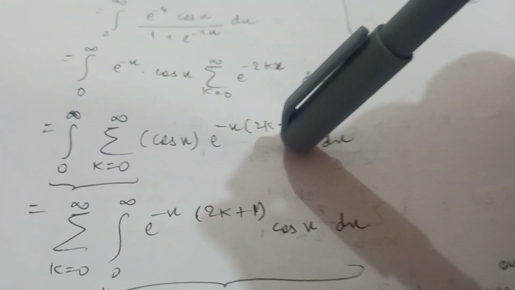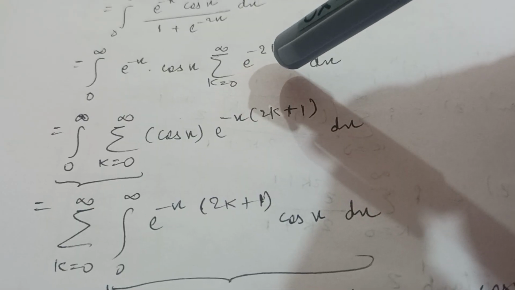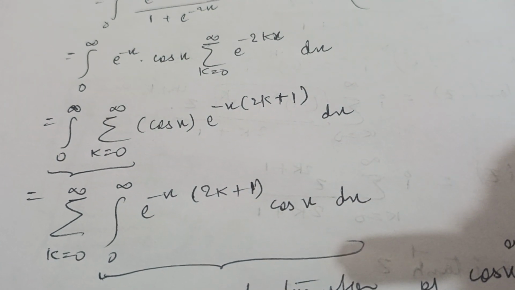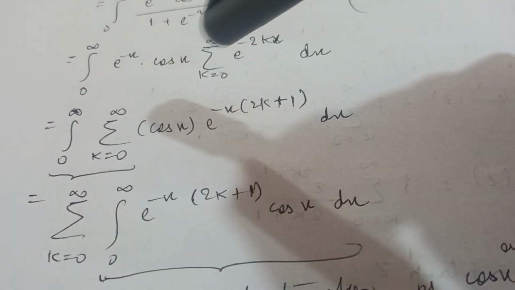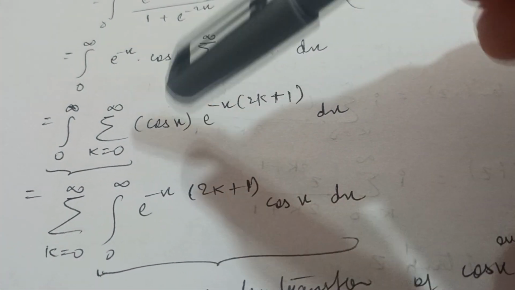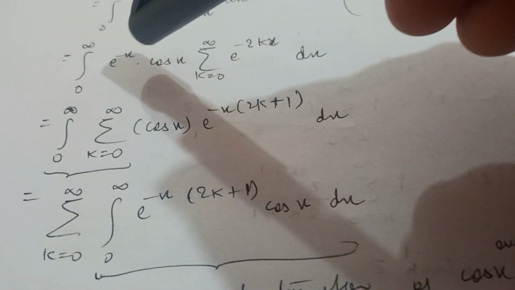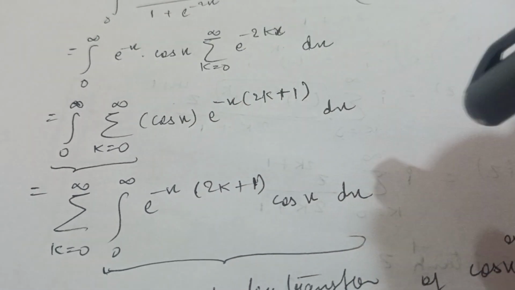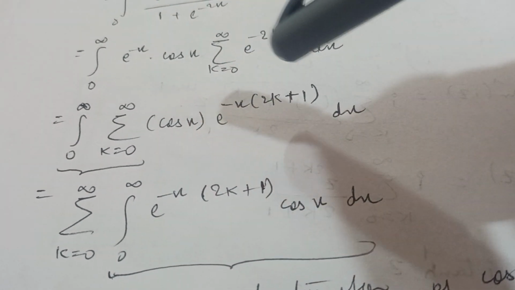After that this summation I will take to the left end, to simplify the expression and see it as a whole. So cos x and e to the power minus x and minus 2kx, so e to the power minus (2k plus 1)x, dx. So I have finally this.